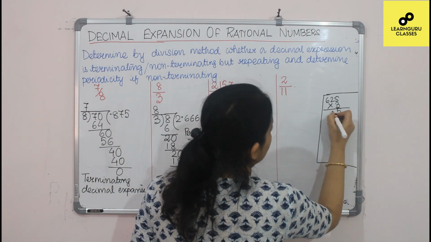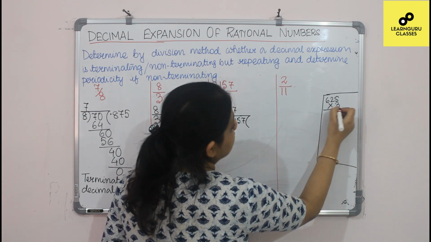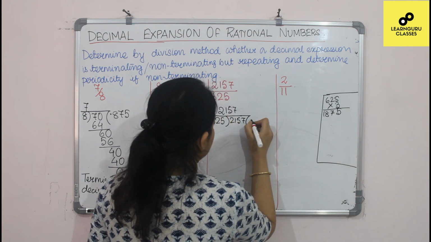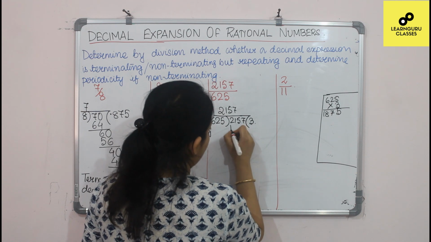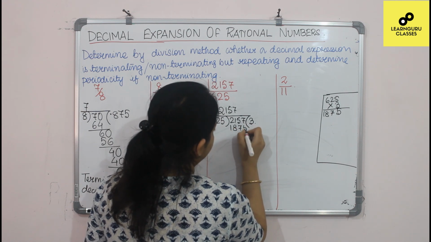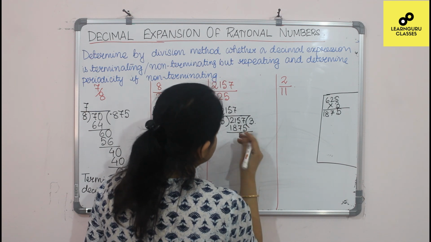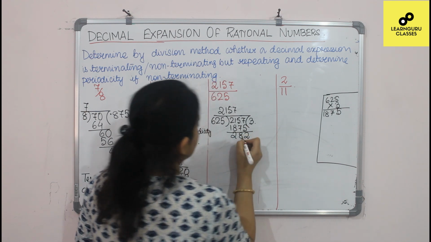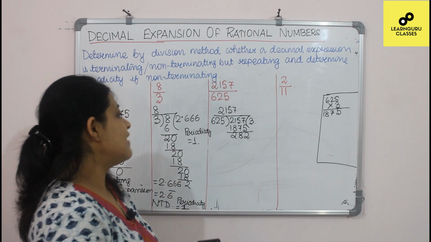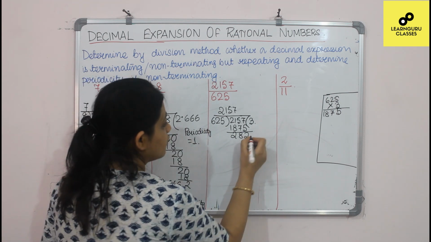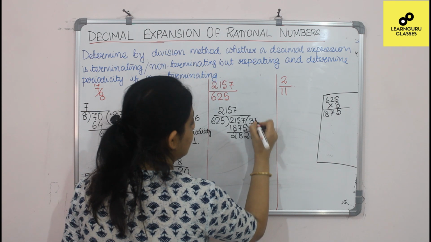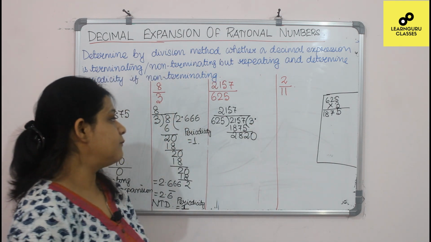So you are getting 1875. So 282 is less than 625, so you have to put a 0 over here and place the decimal point here.